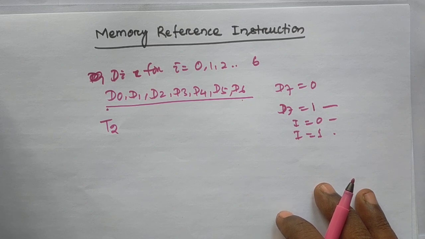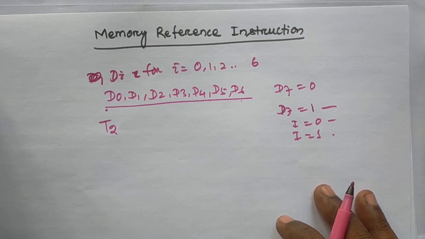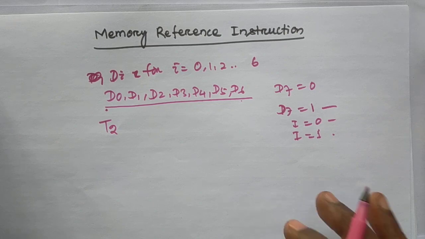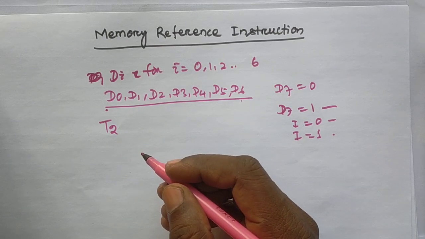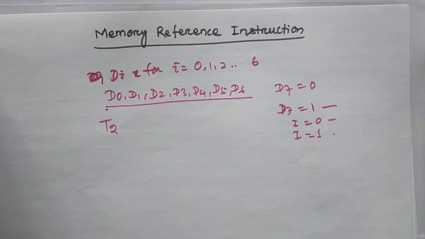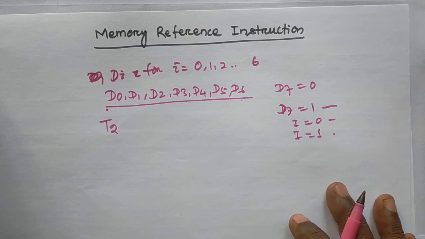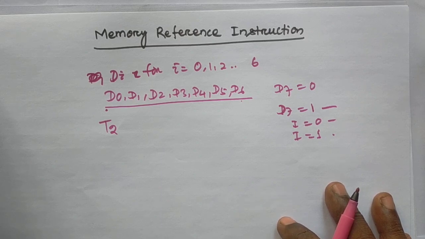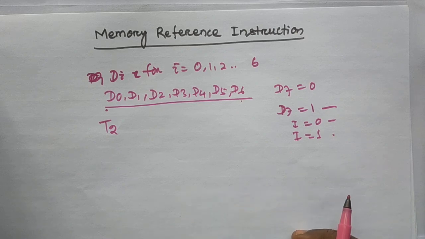For the memory reference we can define direct memory access or indirect memory access. At T2 time, we place our data into the address register.